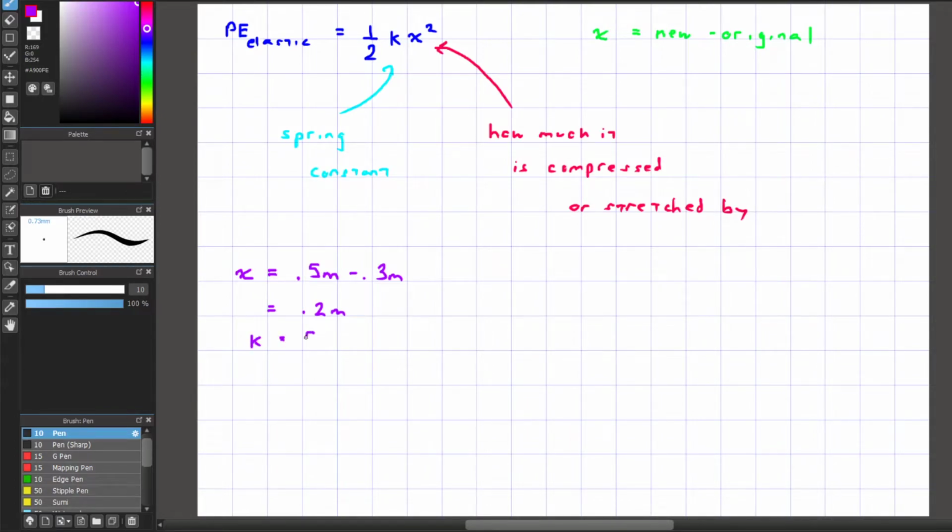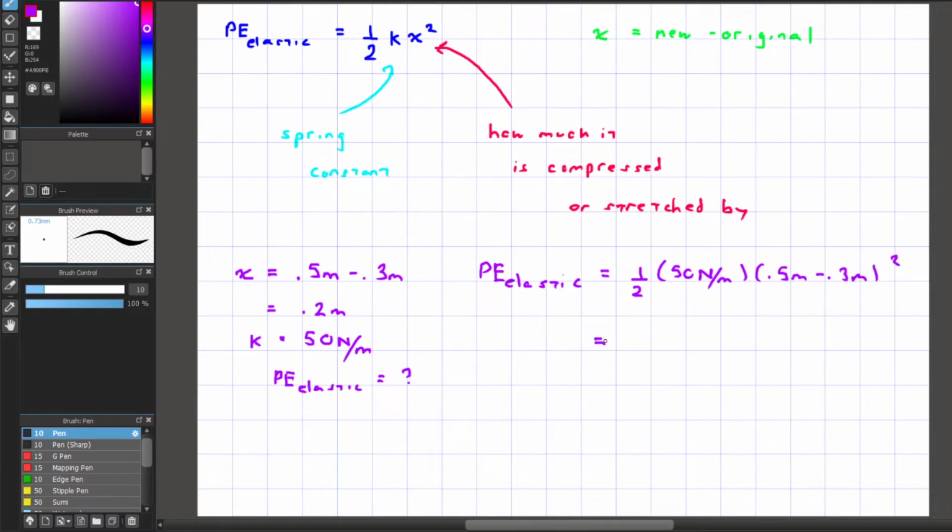The spring constant is 50 Newton per meter. With all the information, we can solve for the elastic potential energy by multiplying 1/2 by the spring constant of 50 Newton per meter and 0.2 meters raised to the second power. The elastic potential energy comes out to 1 joule.